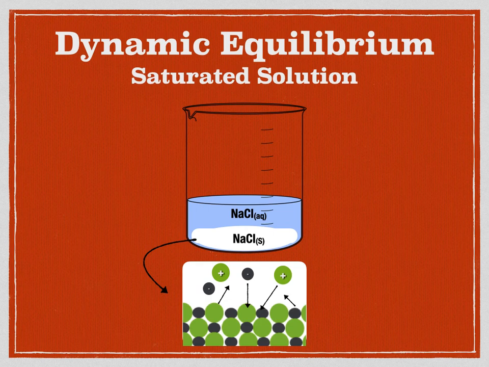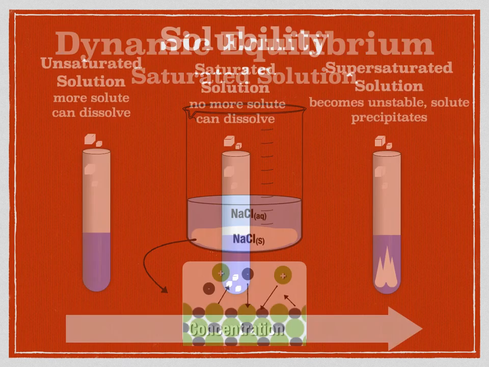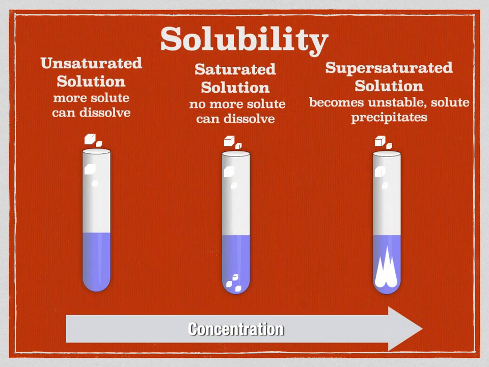You can use this idea that no more can be dissolved in order to test what kind of a solution you have. So when we look at the solubility scale and increasing concentration, you have first your unsaturated solution. With your unsaturated solution, if we add more crystals into that solution, those crystals will dissolve in, and the solution will still be homogeneous.